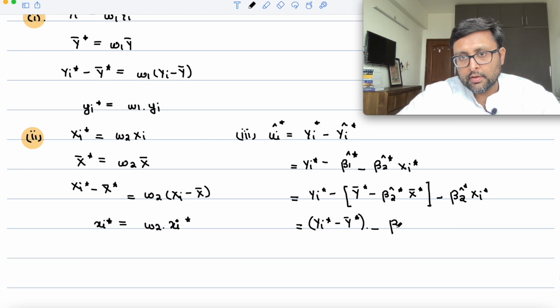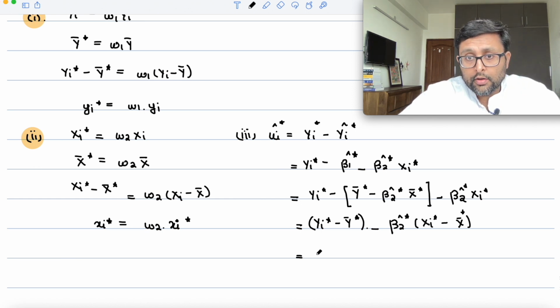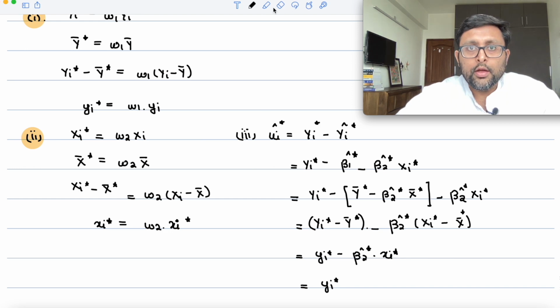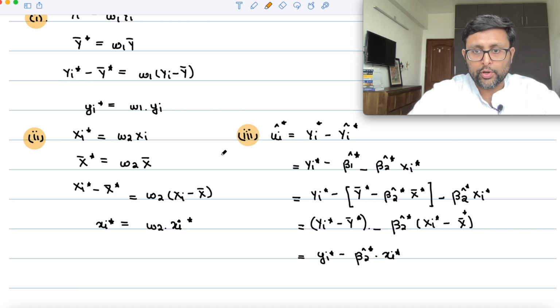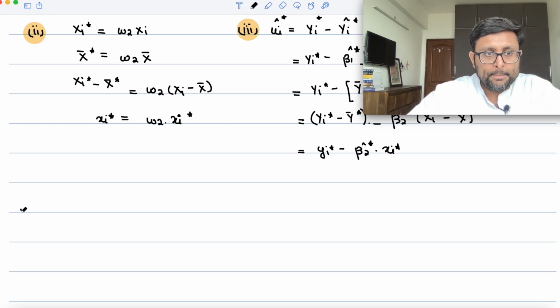So I can write minus beta 2 hat star times xi star minus x bar star. So you have small yi star minus beta 2 hat star small xi star, right? Okay. Now what I'll do is I'll leave this just for the time being, and I'll come back to this after my fourth point, because I have to use the value of beta 2 hat star out here. Okay. I'll just come back to that.